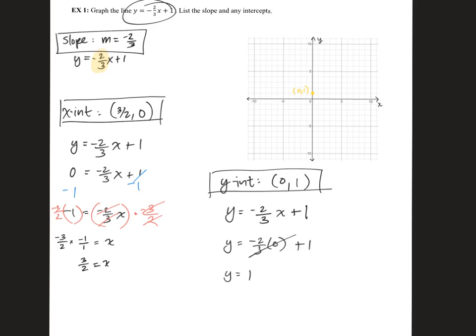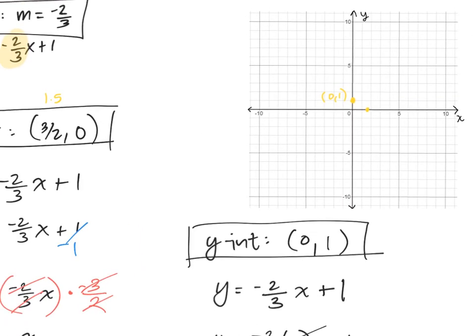And then the x-intercept is 3 over 2, 0. So let's see, 1.5, 0. Ooh, this is small. And remember, always label your points.